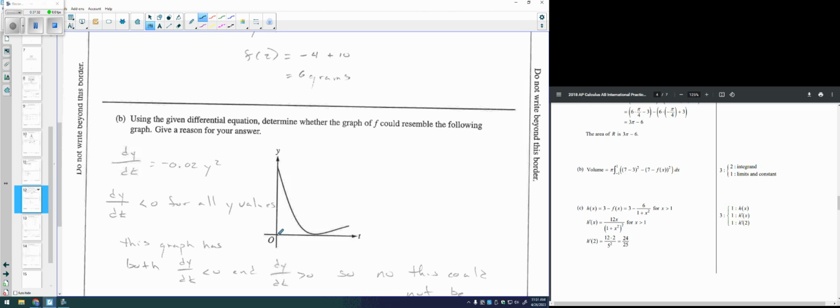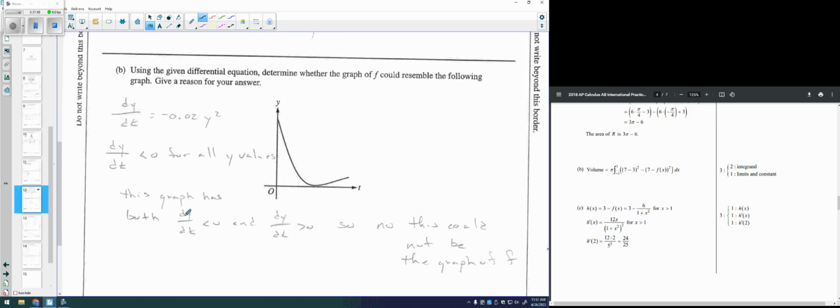As y changes from 0 to whatever, my slope should always be negative. This cannot be the graph of f, because at this point right here, my slope is now positive. Here's my verbiage: the graph has both negative slopes and positive slopes, and this is always negative. Therefore, no, this cannot be the graph of f.